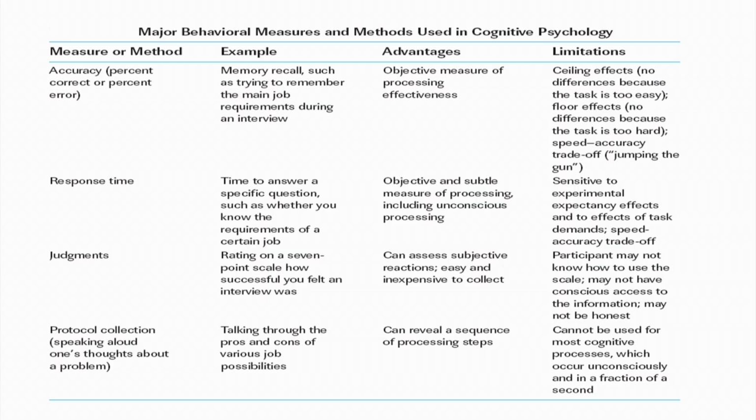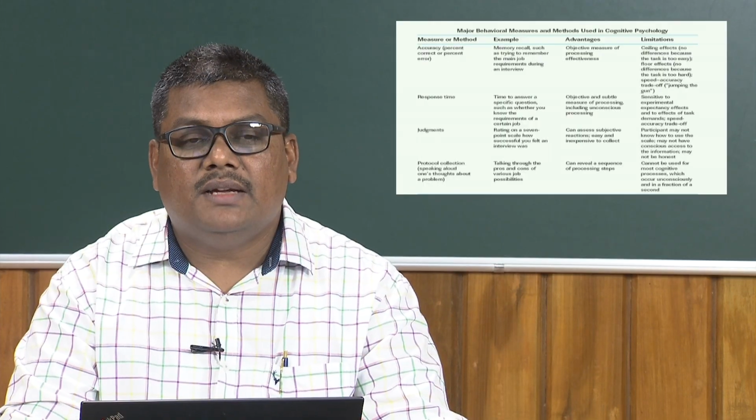For example, a test can be given to people asking how are you feeling right now, and on a 7-point scale they provide responses to several questions as to how they are feeling. The problem with this method is that subjects are not aware of how to use this scale, and so may get into difficulty. The last of the behavioral methods used to study cognition is something called the protocol collection.